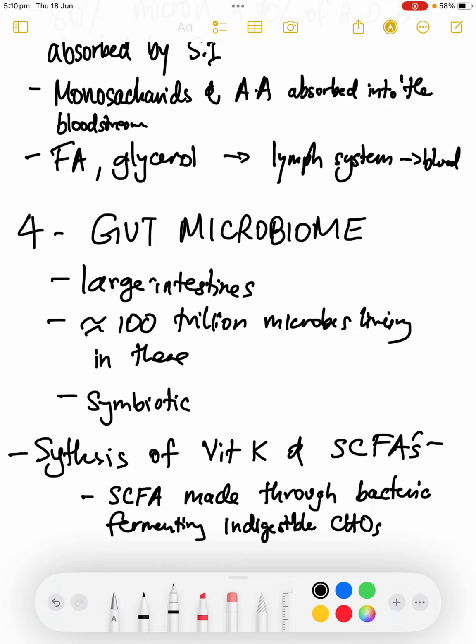So the way it can create K2 is it can actually synthesize it through the actual bacteria that are in there, which feed off that and will actually produce that. So it does synthesize vitamin K, okay, which is in the form of K2 as well.